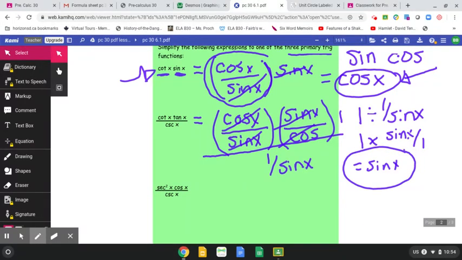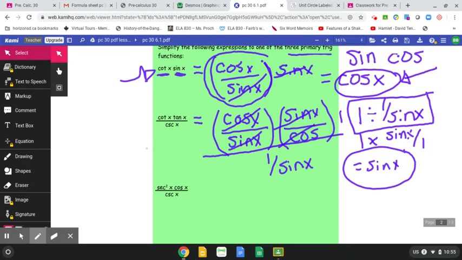Woohoo! Hopefully you can see how I canceled those things out. I wrote it like this just because sometimes it's easier to see that when you're dividing, you flip and multiply. So yeah, that's why I did that.